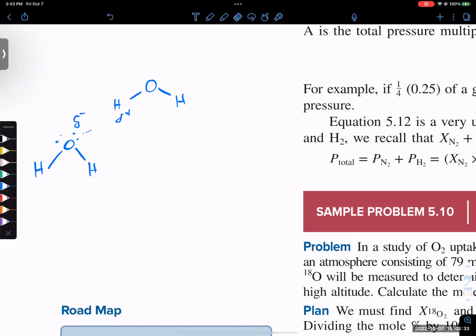But if you move slower, you're going to have a stronger interaction between the positive and negative ends of the water molecules, because there's more time to interact with the other one. The whole idea of ideal gases is that the molecules don't exert forces on each other, therefore they should be moving extremely quickly, so there's not enough time for any interactions to occur between them.